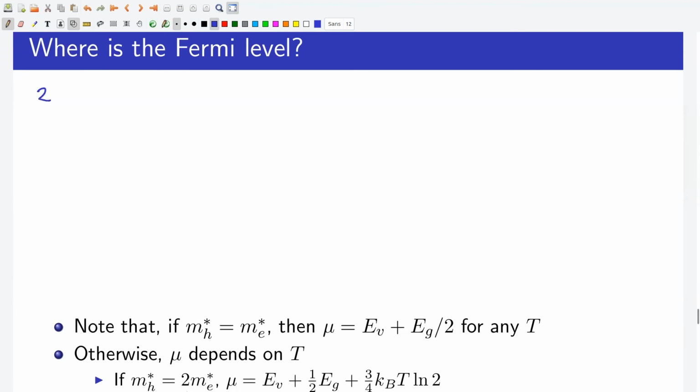Electron concentration is equal to the hole concentration.